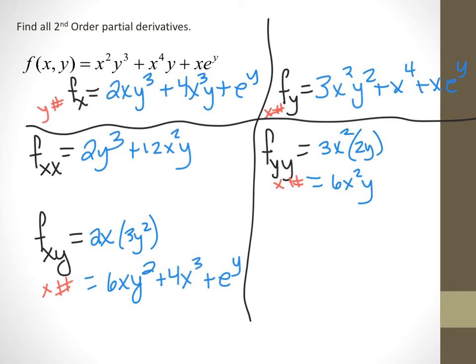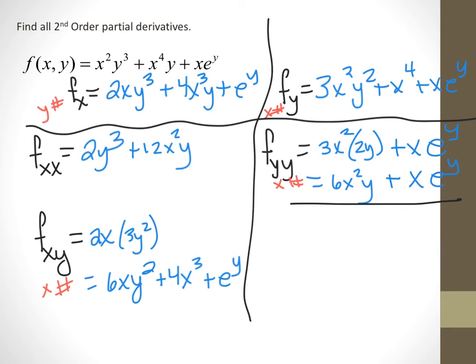Now let's take the derivative of the next piece with respect to y of x to the fourth. Well, x to the fourth is just a number, so the derivative of that is 0. You can put plus 0 or just keep going. Now let's take the derivative of the last term with respect to y. The x is a coefficient, so it comes along for the ride. So it's plus x. And then this is our simplified piece. Derivative of e to the y is e to the y. So this is your partial derivative, second order, with respect to y.